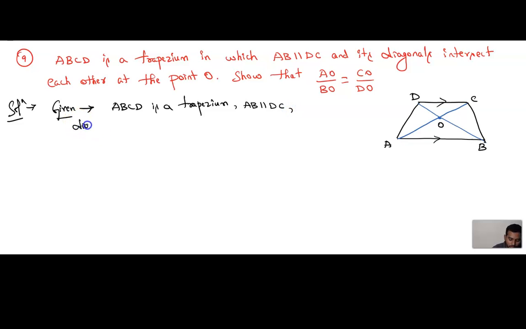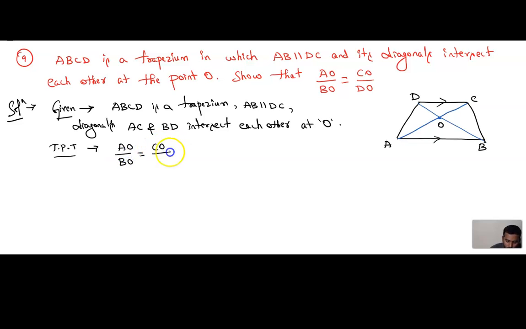Diagonals AC and BD intersect each other at O. This is given. Now what should we prove? We need to prove that AO by BO is equal to CO by DO.